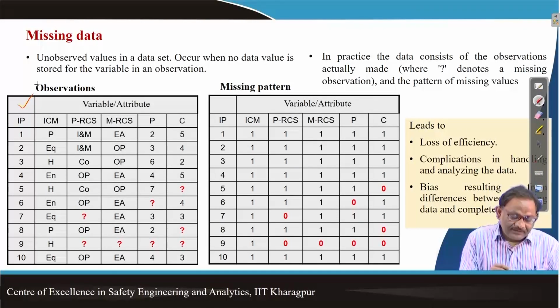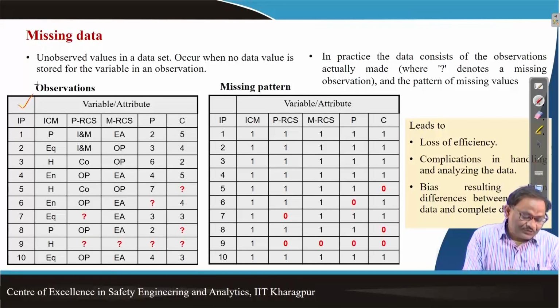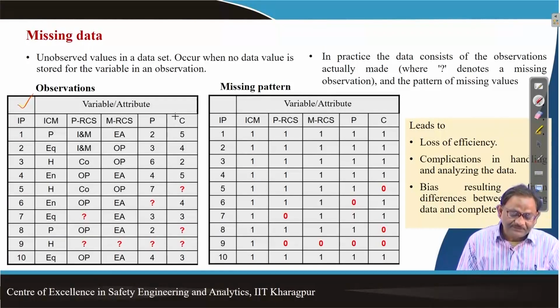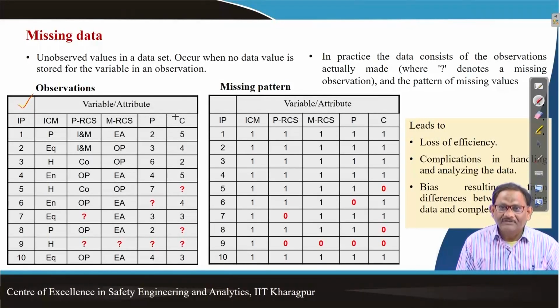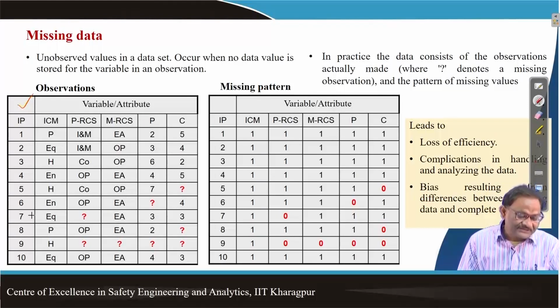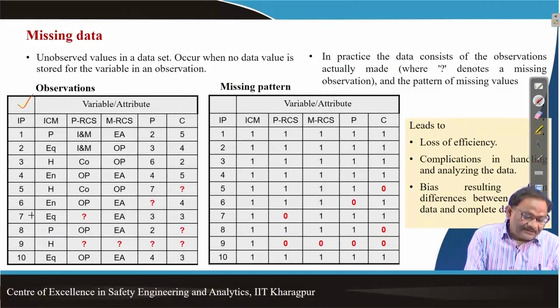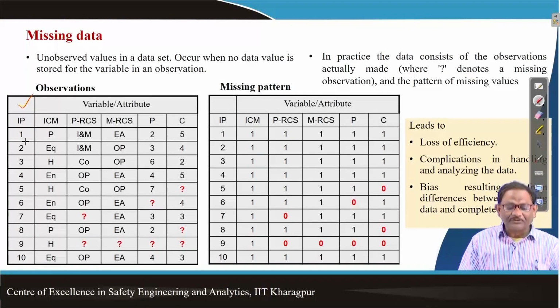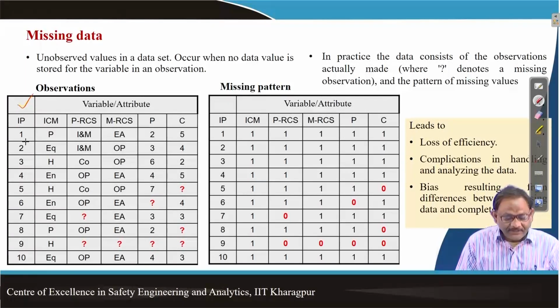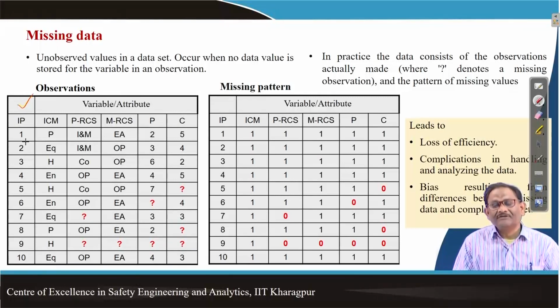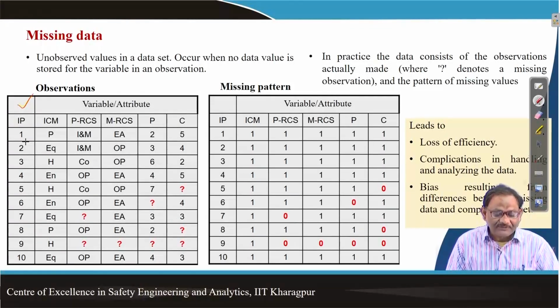In a data set, which is a two-dimensional array, usually the columns represent the variables or attributes and the rows represent the cases, observations, individuals or items. The first column usually talks about the observation number. The second column to the last column are related to different variables and attributes.